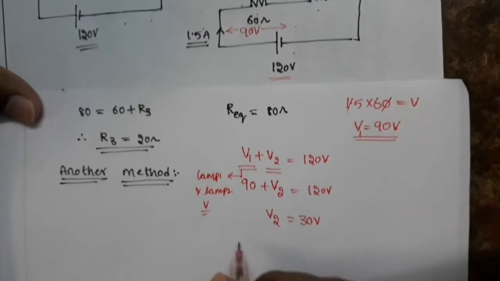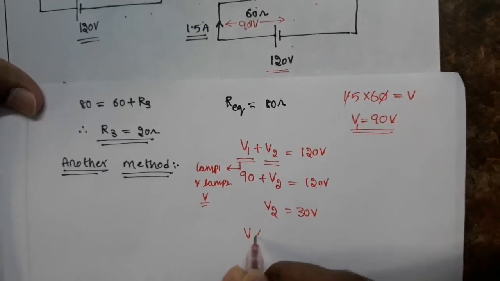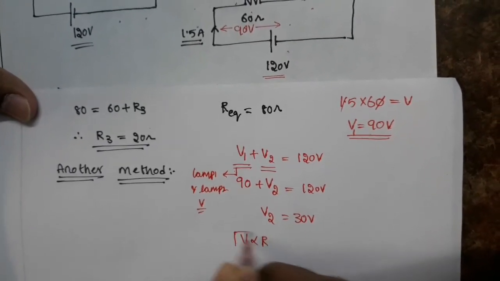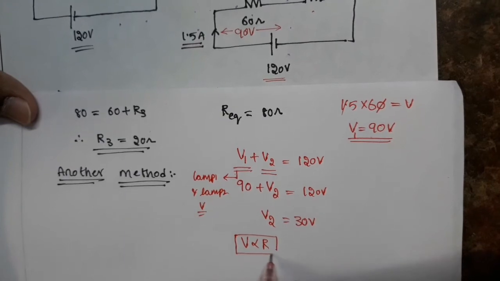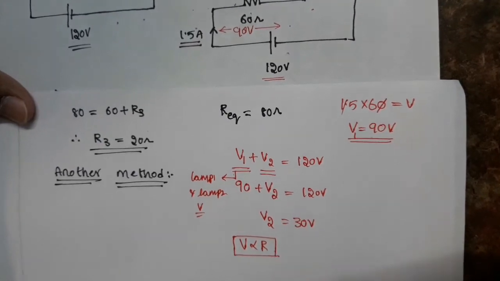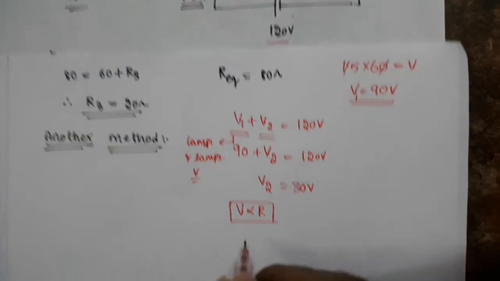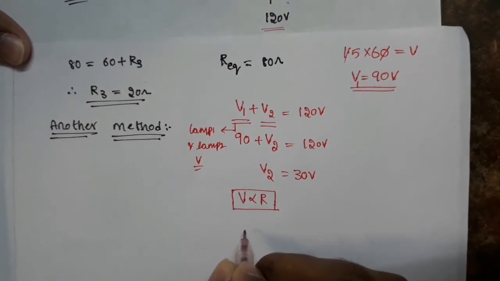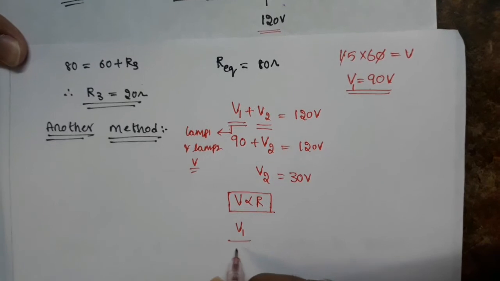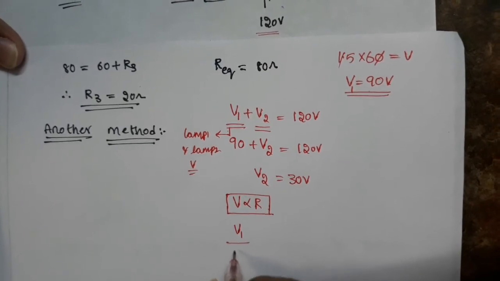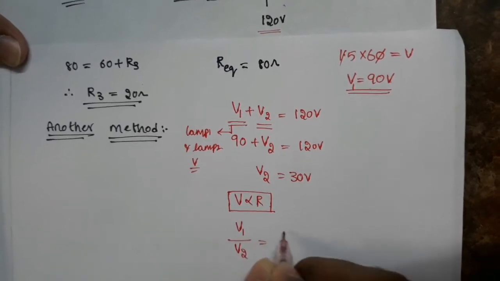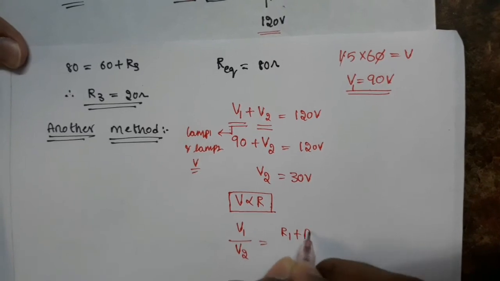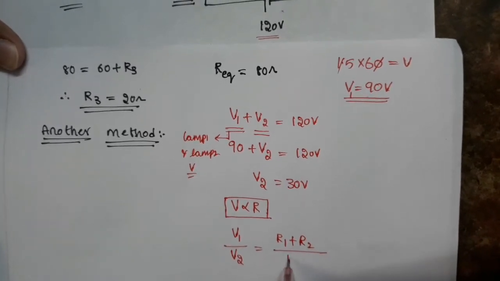I told you in the previous lecture that as the current is the same, V is directly proportional to R, so please go through that video. So V1 by V2 equal to (R1 plus R2) divided by R3.